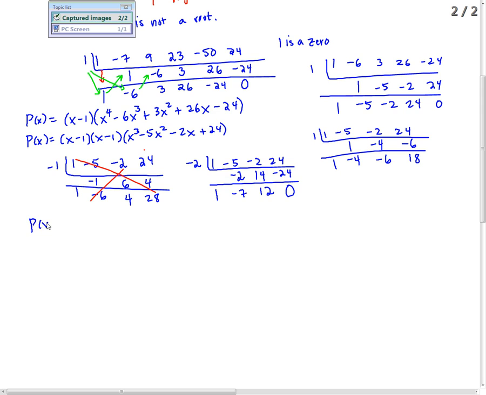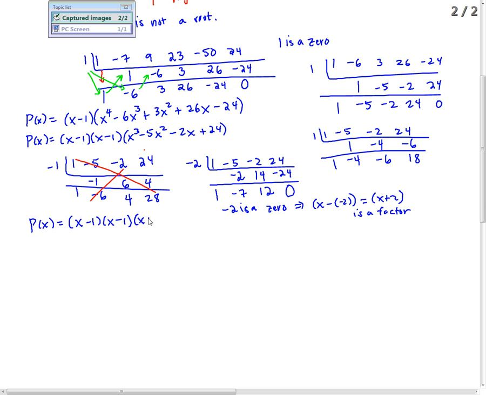So my polynomial now can be factored a little bit further. I have x minus 1 and x minus 1 from my previous tries. Now I also have -2 as a new 0. If -2 is a 0, remember that means x minus -2, which is x plus 2, is a factor.